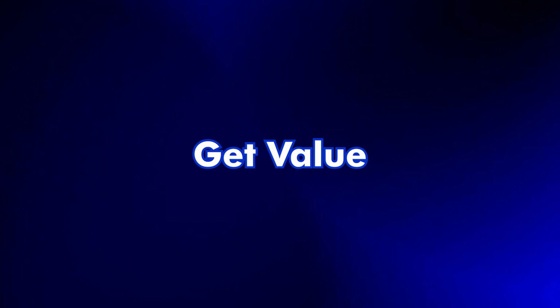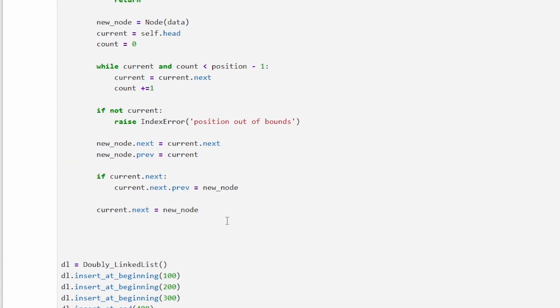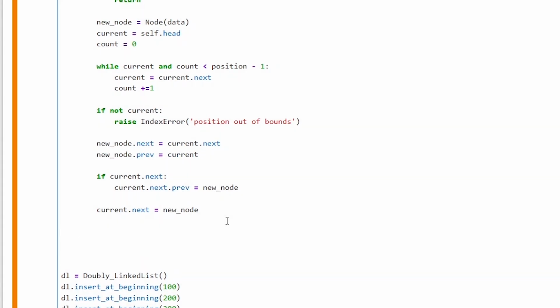Before we get to deletions, let's see how we can get the value at a given position in a linked list. So here we're going to have def get_value, and we're going to be providing the position where we want to get the value.